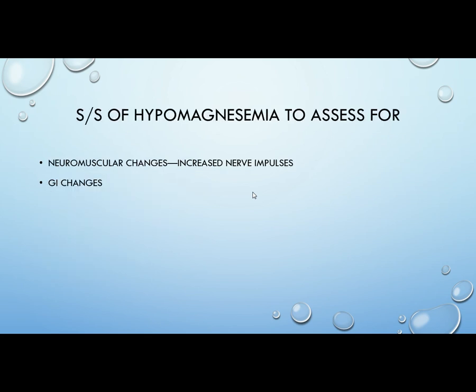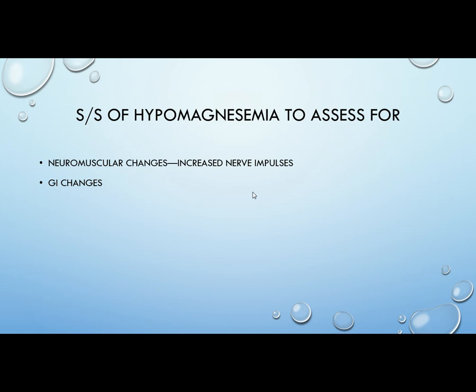Okay, signs and symptoms of hypomagnesemia to assess for are your neuromuscular changes, increased nerve impulses, and GI changes. Neuromuscular changes are caused by increased excitability and the imbalance of serum calcium and potassium. So the cell membranes can depolarize spontaneously.